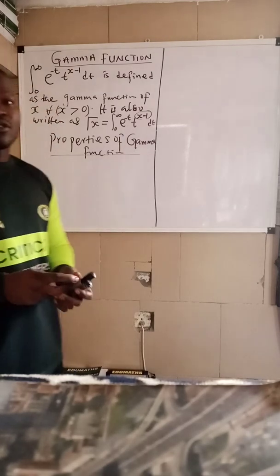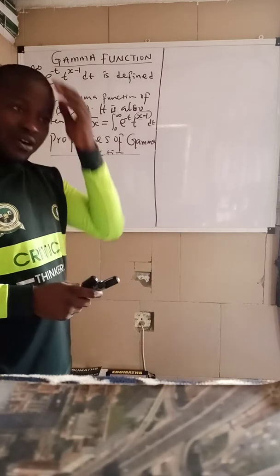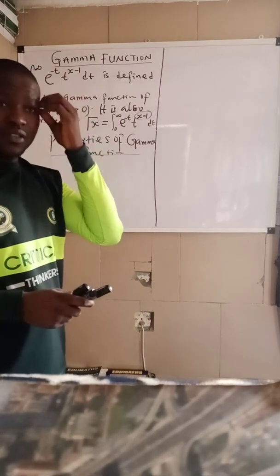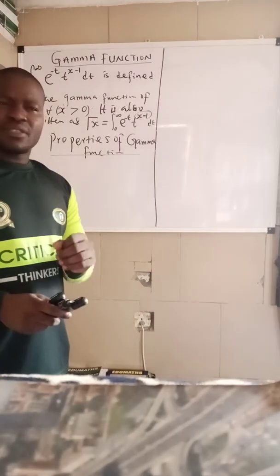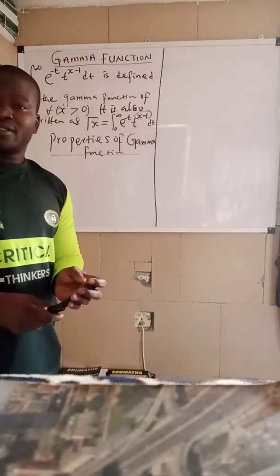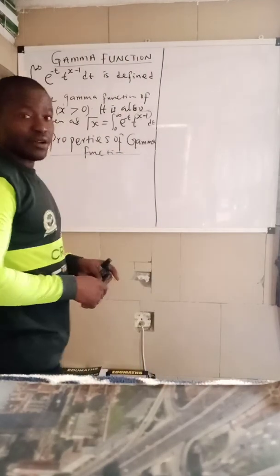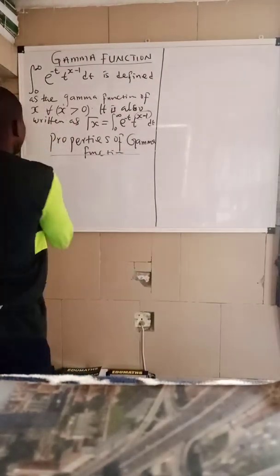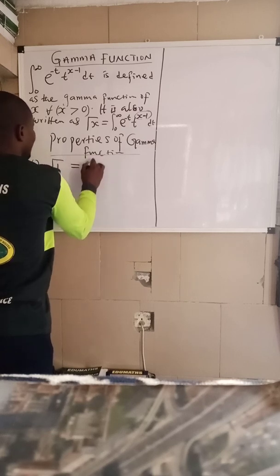In these properties, we all have to be careful to understand the way I'm going to develop them, because in some exams you will be asked to prove some of those properties, and if you are asked to prove some of them, you have to apply this approach. Number one property: we are told that gamma 1 is equal to 1.